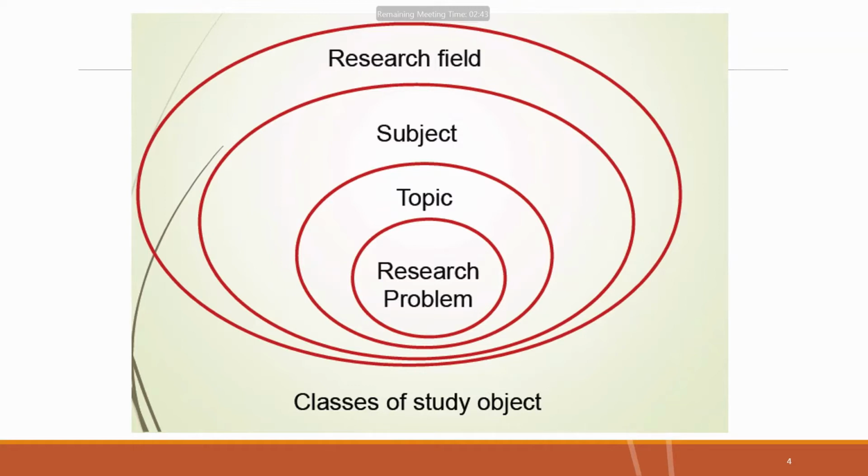If you spend a lot of time doing literature review only on the research field, of course it's too general and not really close to the research problem you are dealing with. And then you do not invest time in the relevant or close topics to the topic you are working on.